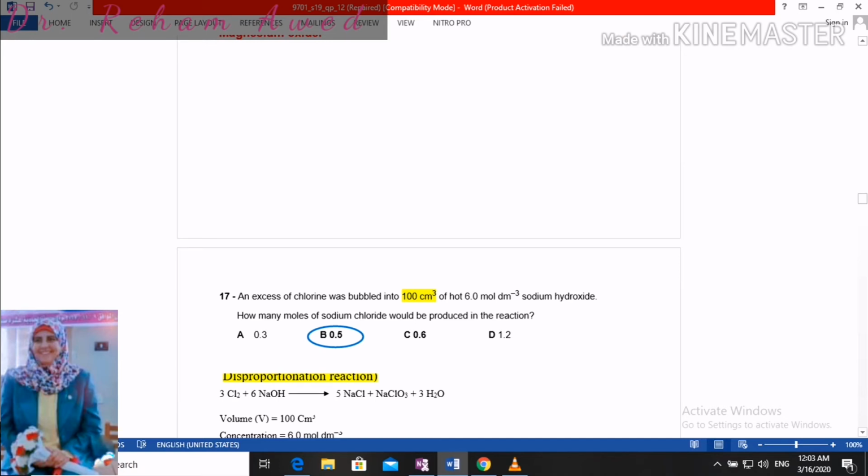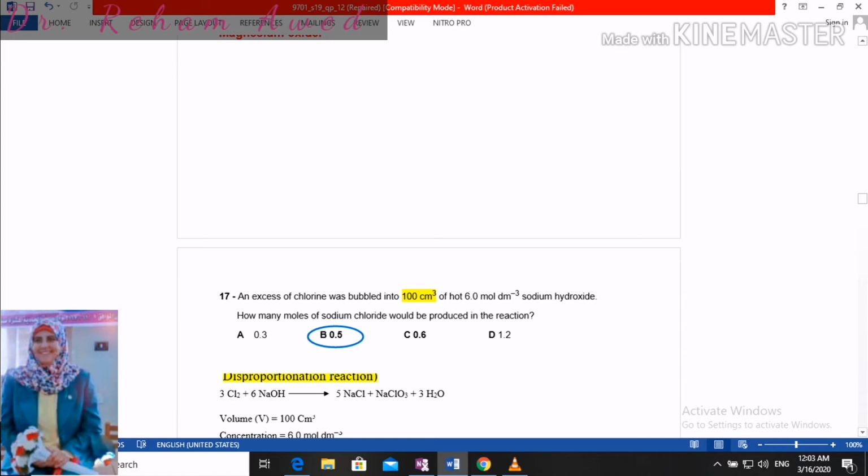When chlorine reacts with sodium hydroxide, we will have 5 moles of sodium chloride plus 1 mole of NaClO3 plus 3 molecules of water. So we will have sodium chloride, sodium chlorate, and water. The balanced equation is essential to solve this question. As we are talking about the number of moles of chlorine that will react with the number of moles of sodium hydroxide to form a specific number of moles of sodium chloride and sodium chlorate and 3 moles of water.